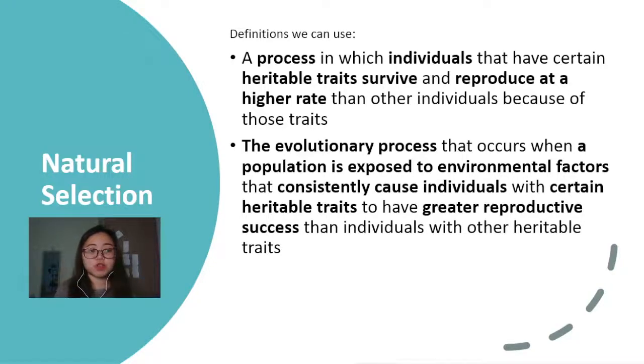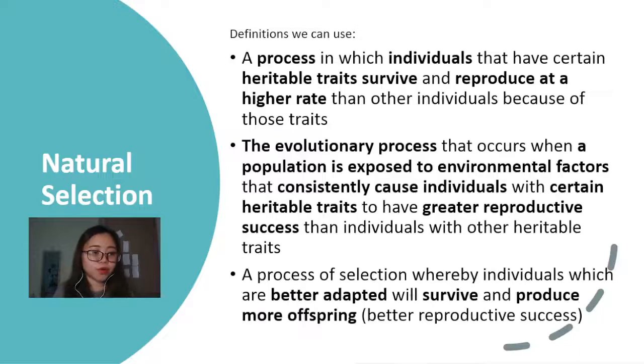A second definition we can use is that natural selection is the evolutionary process that occurs when a population is exposed to environmental factors that consistently cause individuals with certain heritable traits to have greater reproductive success than individuals with other heritable traits. Or you can also use this definition, which is my favorite. Natural selection is a process of selection whereby individuals which are better adapted will survive and produce more offspring or have better reproductive success.